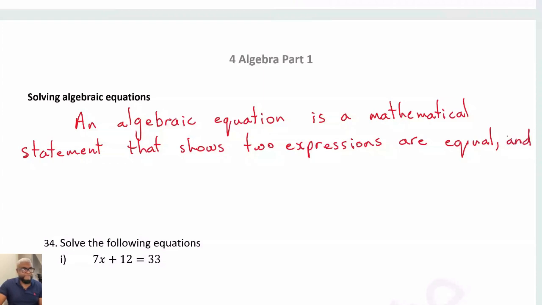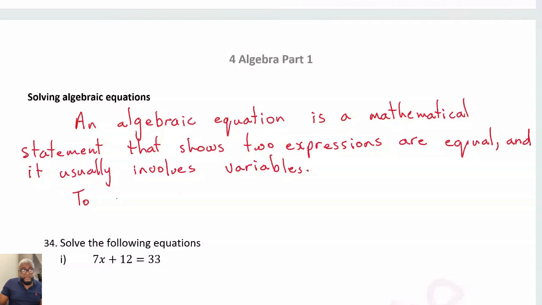And it usually involves variables, right? Okay? So to solve an algebraic equation means to find the value of the unknown, which is the variable, right?